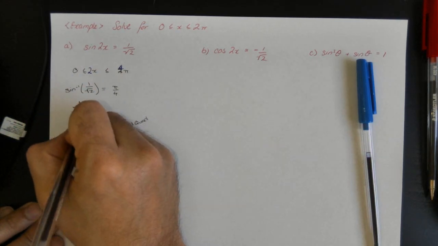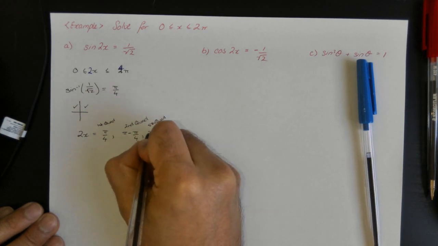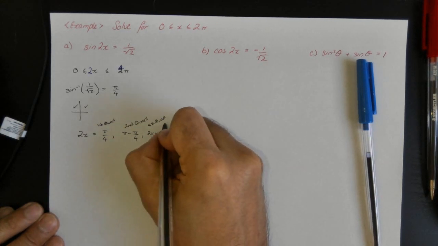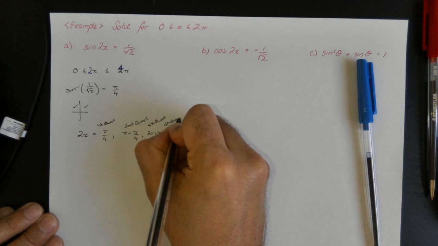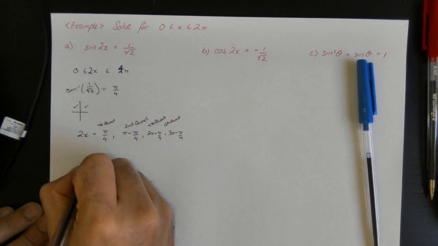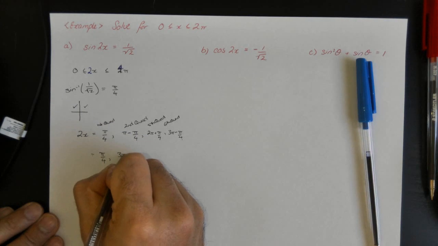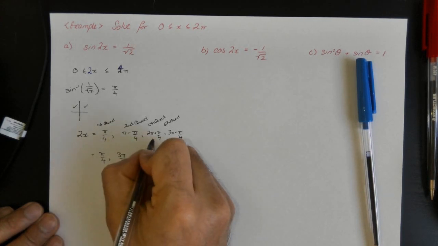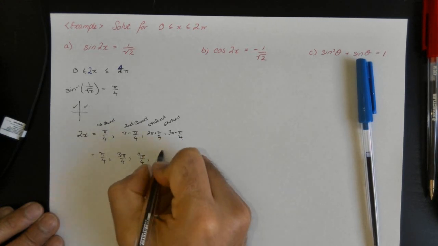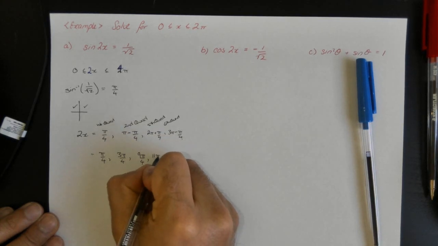So in the fifth quadrant, we've got 2 pi plus pi on 4. And in the sixth quadrant, we've got 3 pi minus pi on 4. So we still get pi on 4, we get 3 pi on 4, 9 pi on 4, and 11 pi on 4.